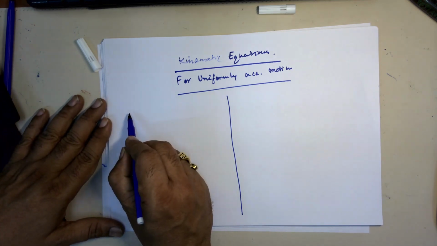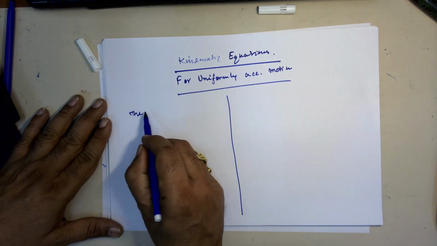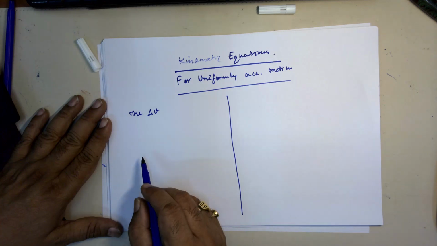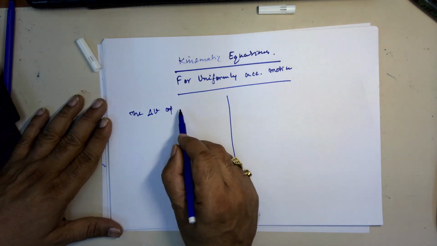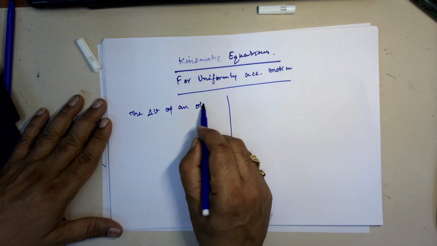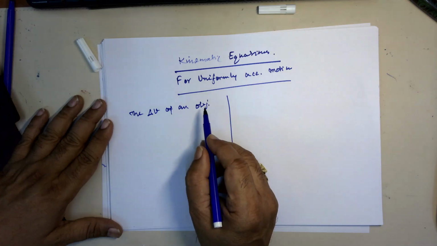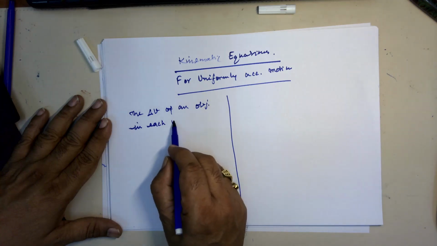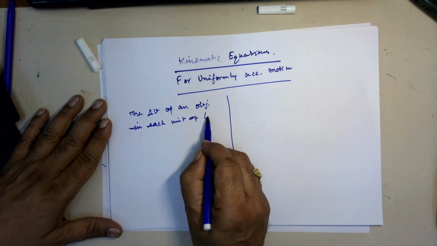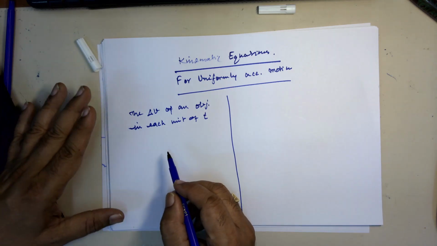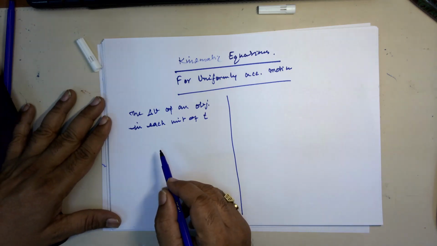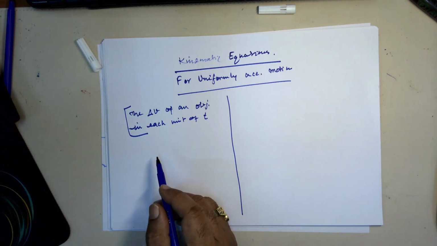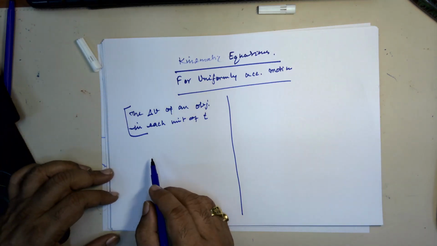Let me repeat once again. The change in velocity, take down the change in velocity, that is delta V, of an object in each unit of time, then this object is said to be moving with constant acceleration.